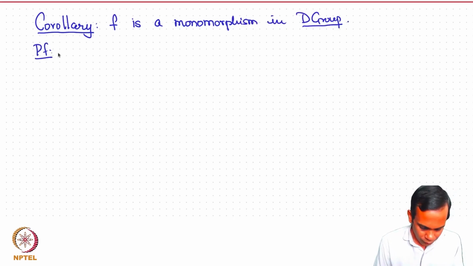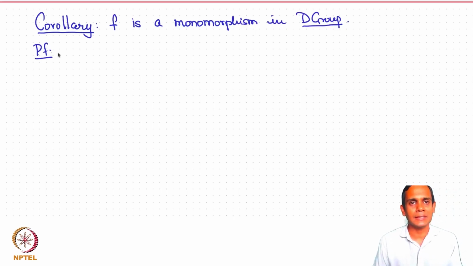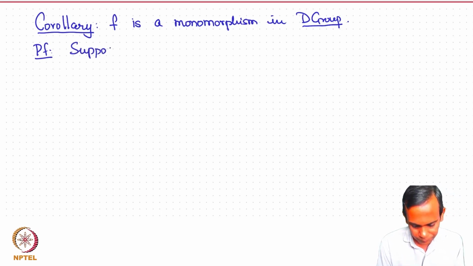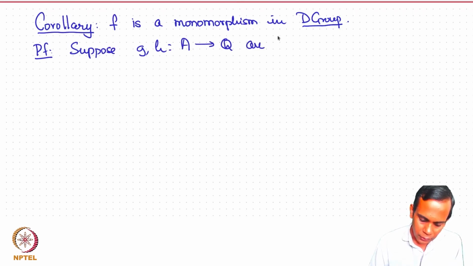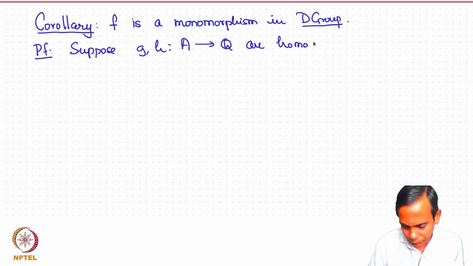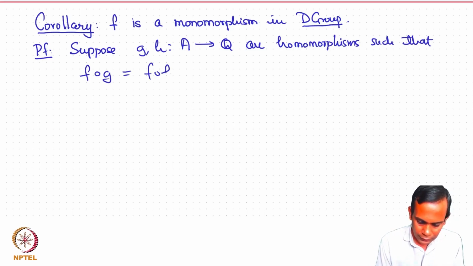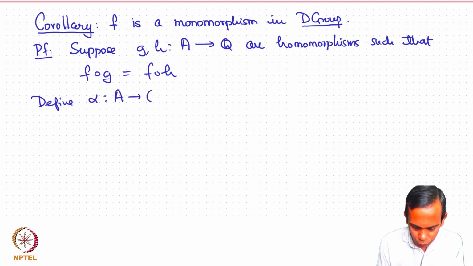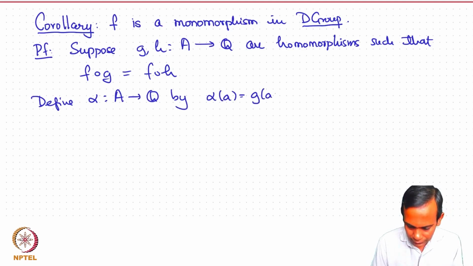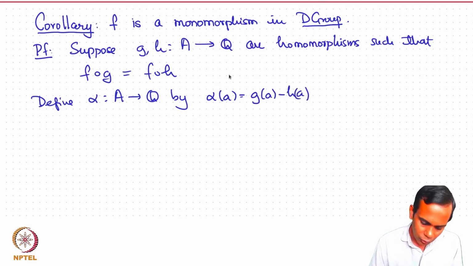And the proof, well, what we need to show is that if f circle G is f circle H, then G is equal to H. So suppose G and H from some divisible group A to Q are group homomorphisms such that f circle G is equal to f circle H. So that's a homomorphism from A to Q mod Z. Then define alpha from A to Q by alpha of A is equal to G of A minus H of A. So this alpha is again a homomorphism.